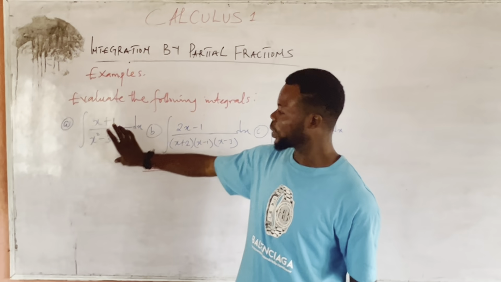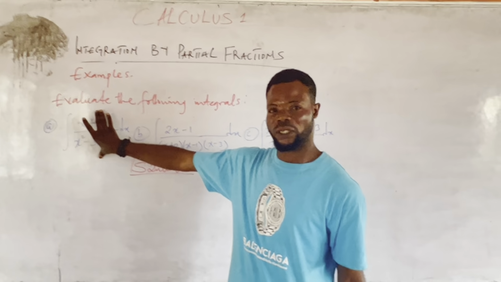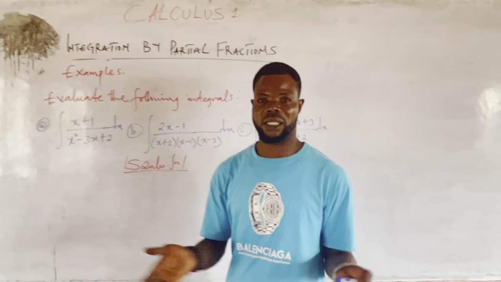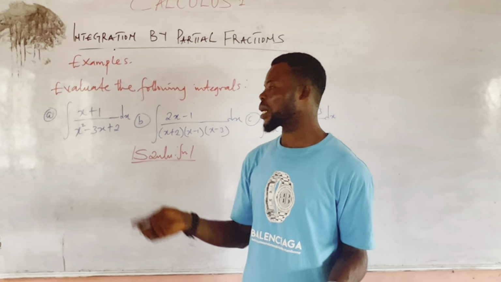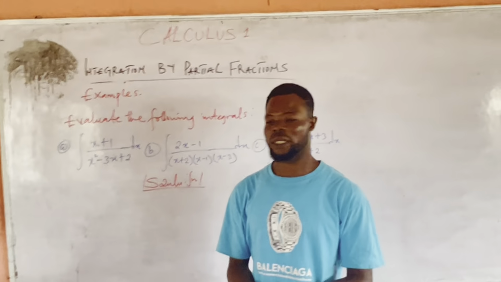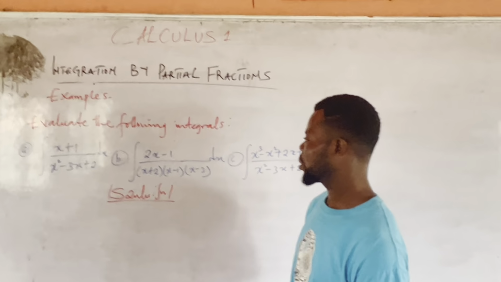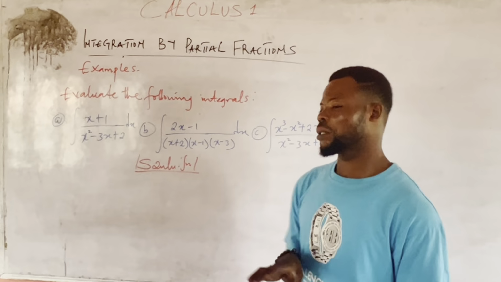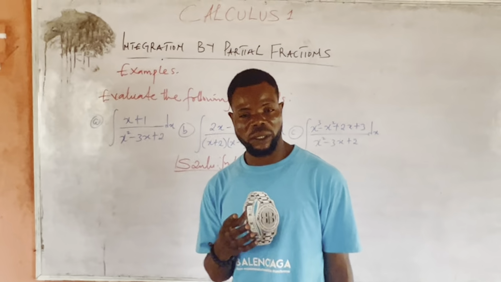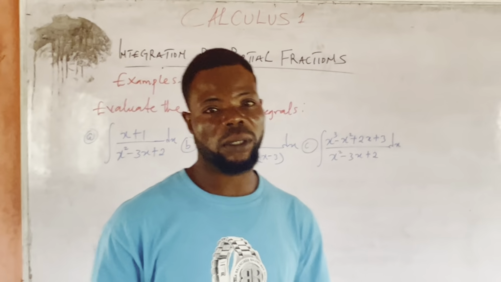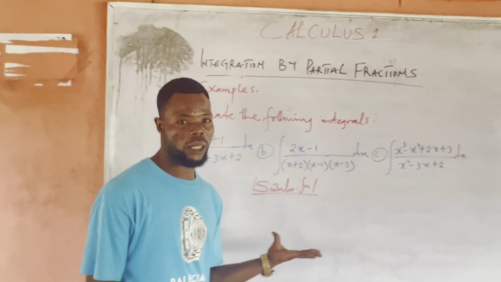So we try to split this fraction into different fractions which we can integrate directly with all those methods of integration we treated. So like this. But without the knowledge of partial fractions, there's no way we can move further.